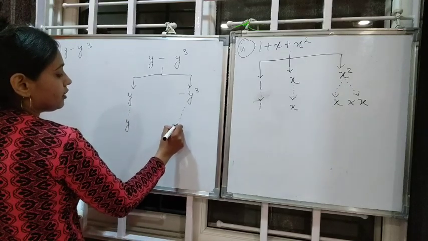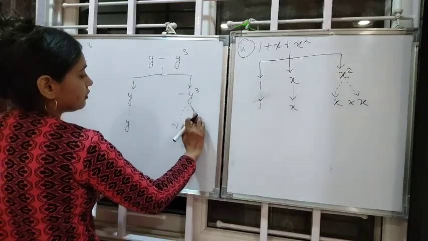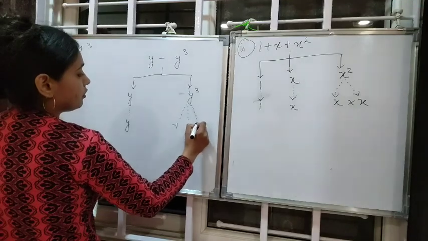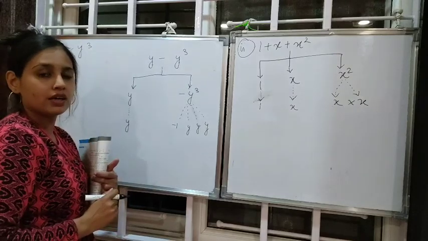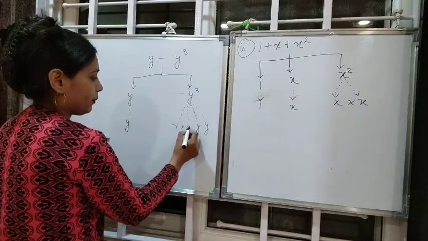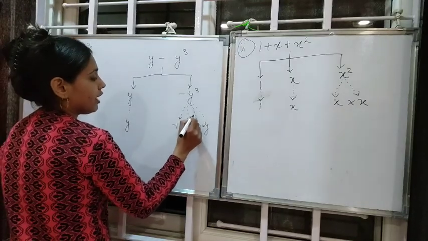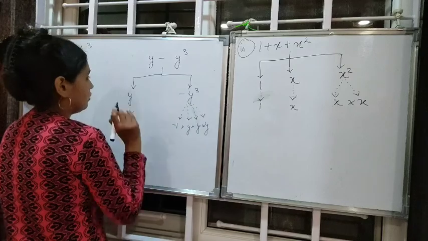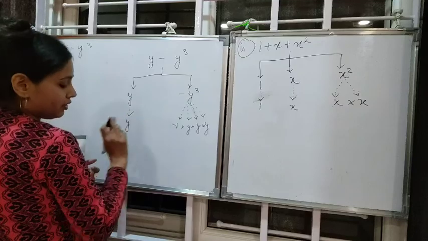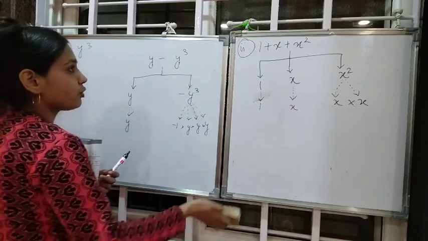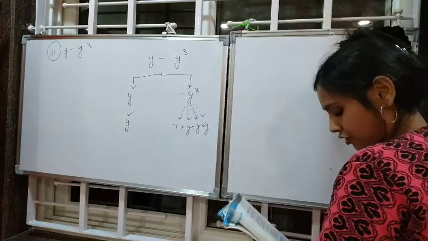Factors of the second term: minus 1 and y. How many y's? 3 y's because it's y cube. So y into y into y. Here we can draw the arrow. These are the terms and the factors. We have labeled it in the first question. So this completes your third part, children.